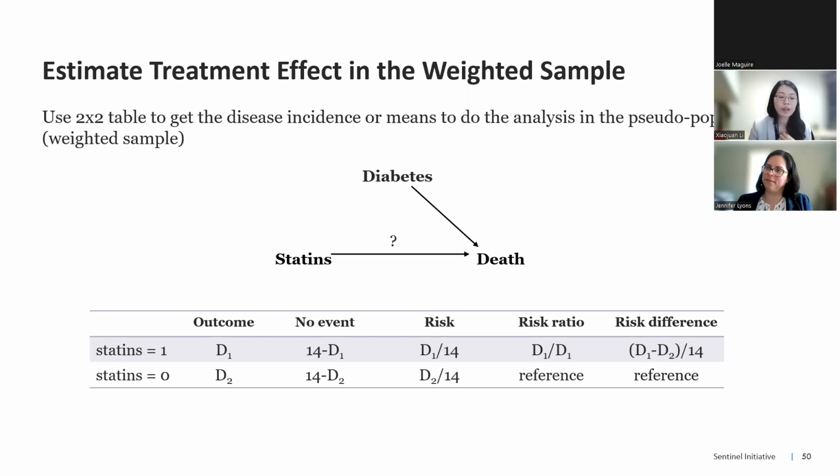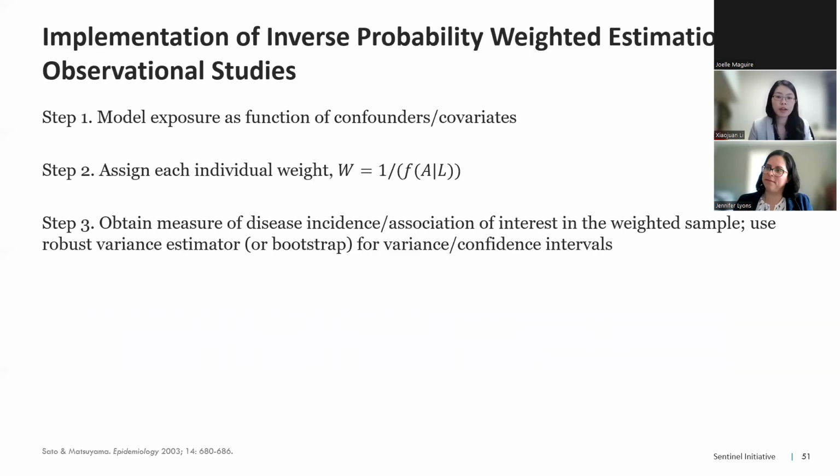As you can see, the implementation of inverse probability of treatment weighting estimation is quite simple. We can summarize this in a 3-step process.